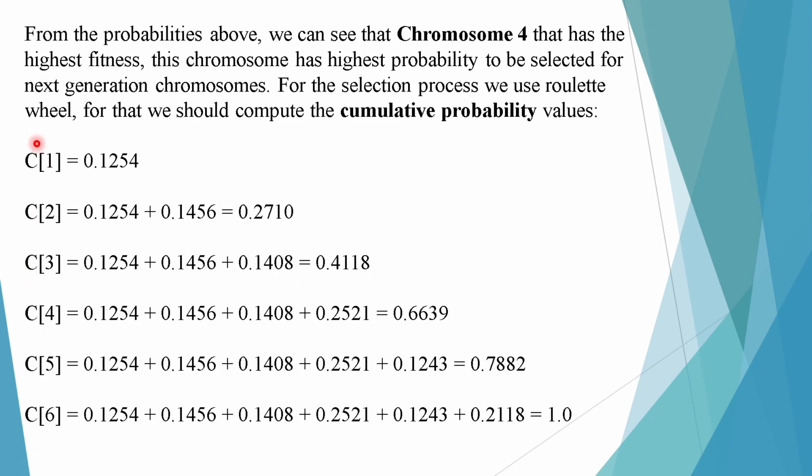And then C is the cumulative probability. C1 equals P1. C2 is P1 plus P2. P1, P2, P3 gives you C3. Add one more, P4, you get C4. Add P5, you get C5. Add P6, you get 1.